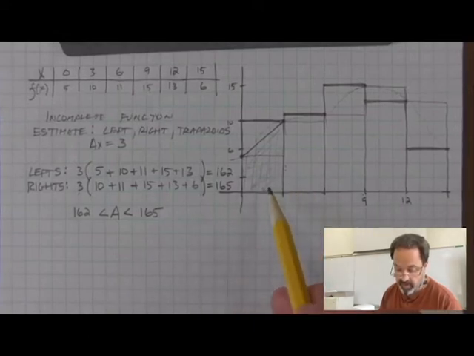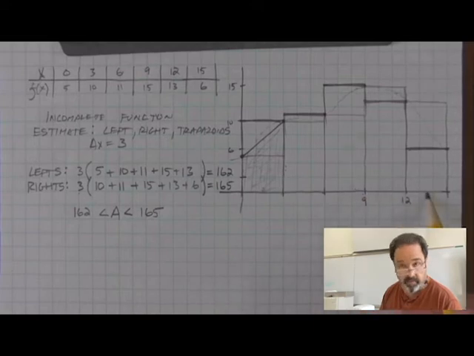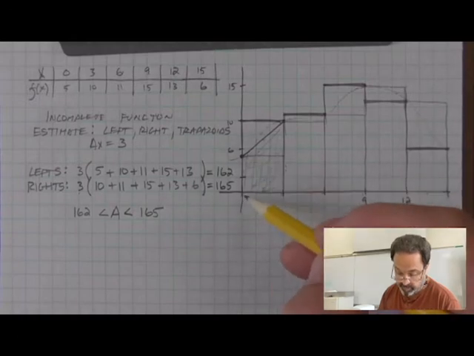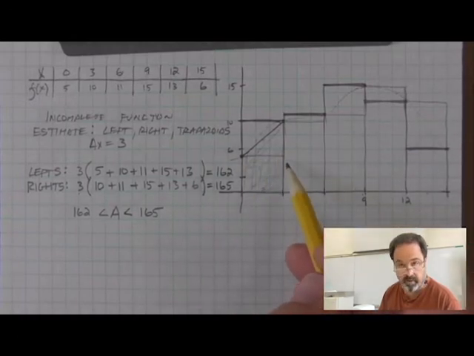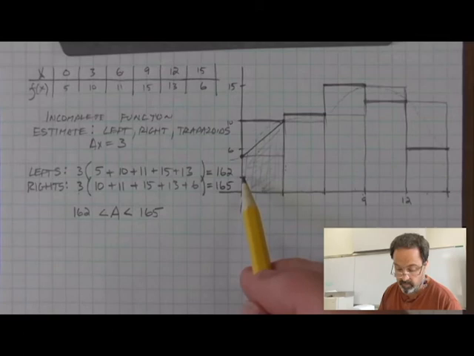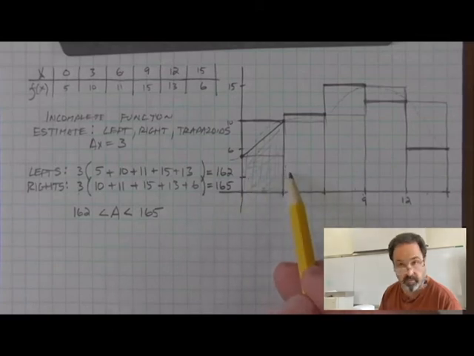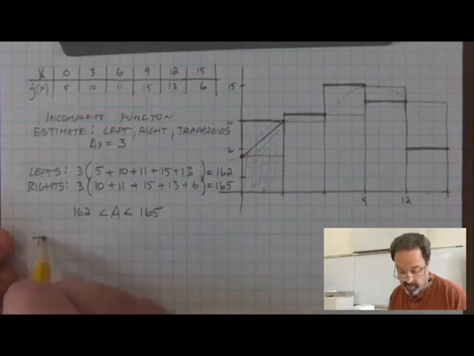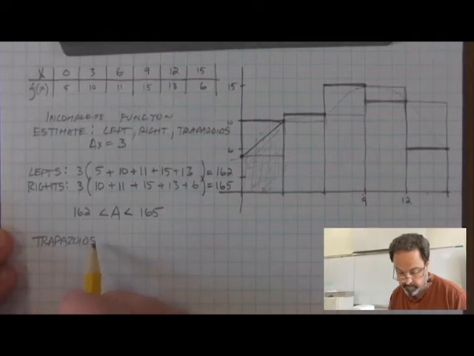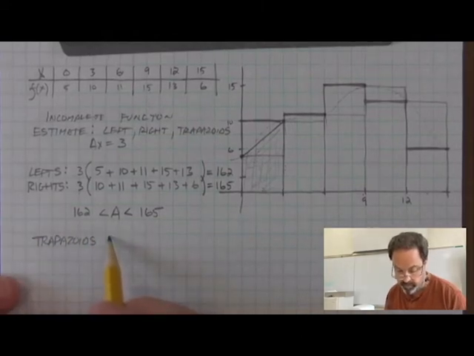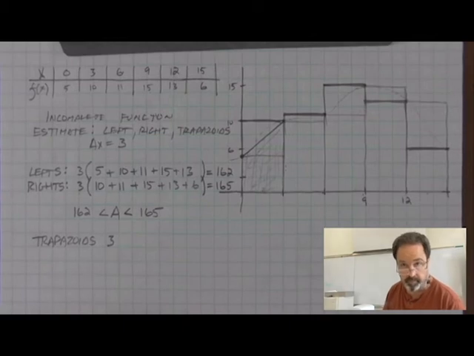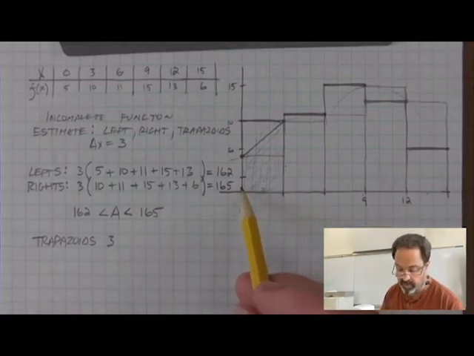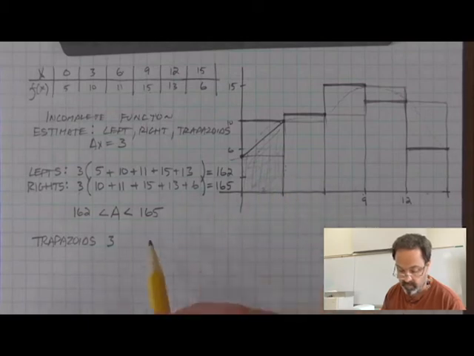The height of every trapezoid that could be made from these points is 3. And the bases are the function values, sequential function values. So the expression to calculate and add up all of the trapezoids is again the height of 3 times the average of the bases.